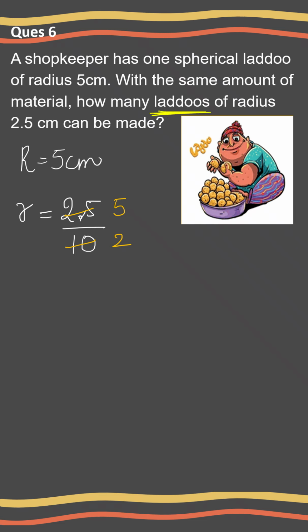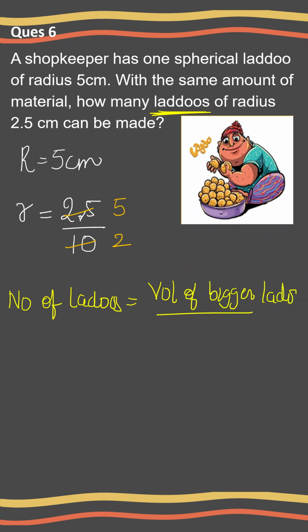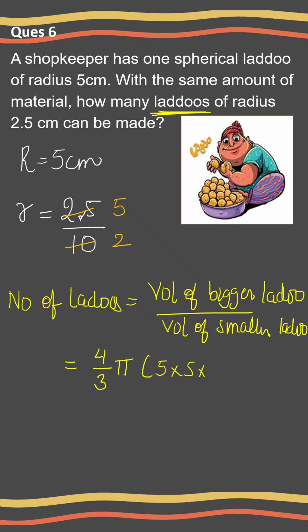Again, we are finding how many laddus, so we'll be using division operation. Number of laddus will be volume of bigger laddu upon volume of smaller laddu. Write the formula. 4 by 3 pi r cube will be 5 into 5 into 5 upon 4 by 3 pi.